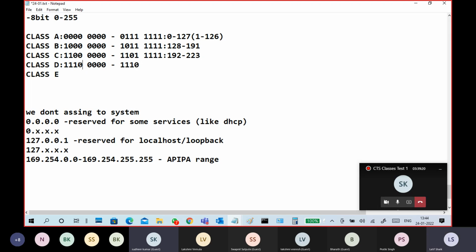This is the fourth one, class D. The first four bits are constant, meaning no changes, and the remaining become ones. So 224, and the next one is 239. The value of this one is 239.